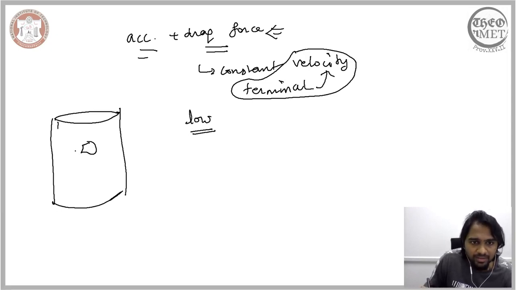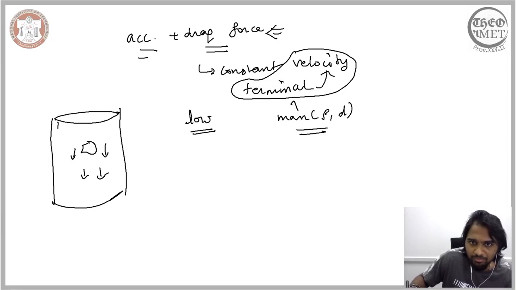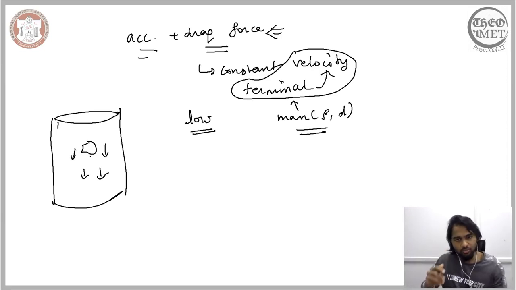Again, the terminal velocity is dependent on the mass, and the mass is covered by the density of the particle and its size. So the terminal velocity is governed by it, and now we have a particle that is falling at a very low rate.